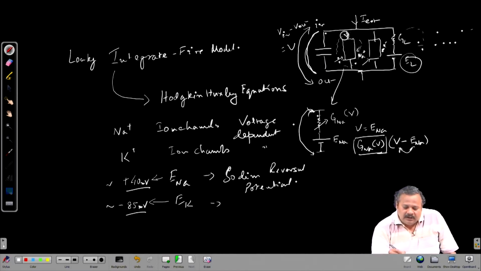So, here now we have the new components I_Na, that is I sodium, and I_K or I potassium, and we have our old I leak and I capacitor.